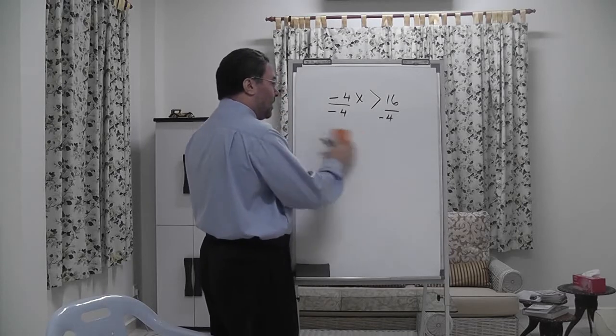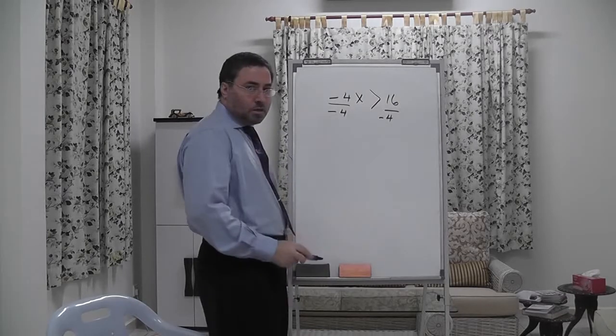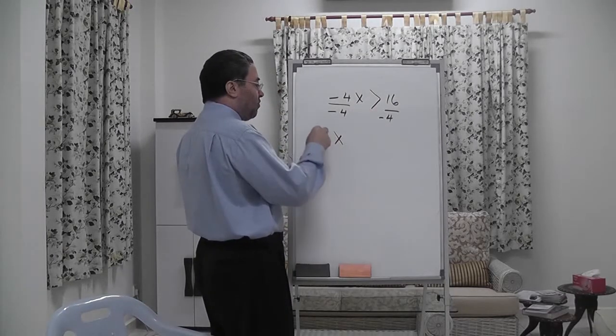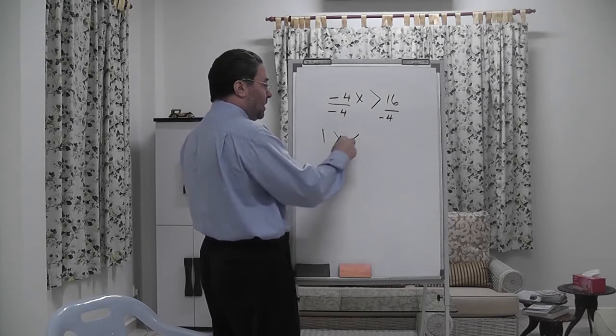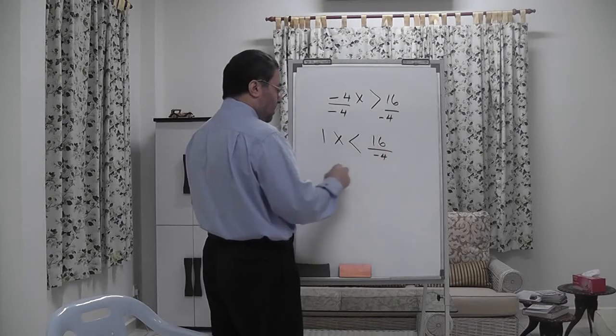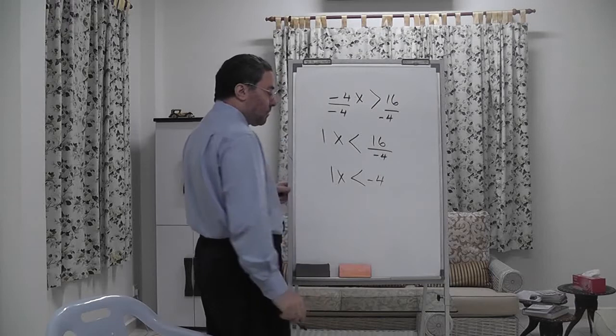And when we divide by a negative number, we have to change the sign of the inequality. So here we are going to have 1x less than 16 divided by minus 4, and that will be 1x less than minus 4.